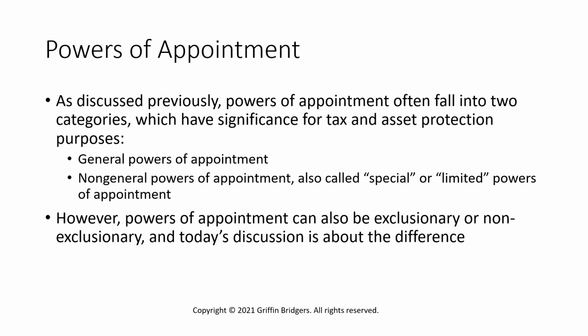Those have significance, like I said, from a tax and asset protection standpoint, and we could even further break those down into lifetime versus testamentary powers of appointment, but that's a discussion for another time. What we're focused on today is another classification which often flies under the radar, and that's exclusionary or non-exclusionary powers of appointment. So today's episode is about the difference between the two.